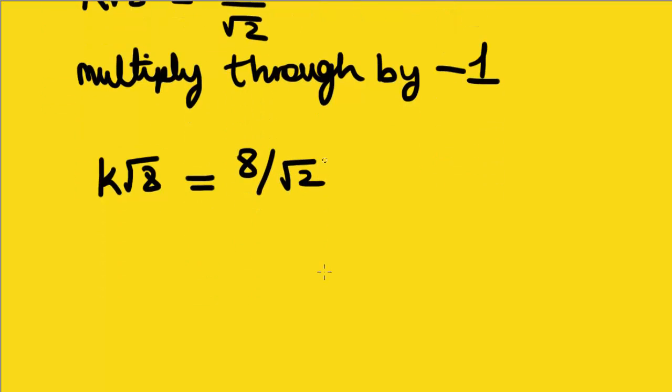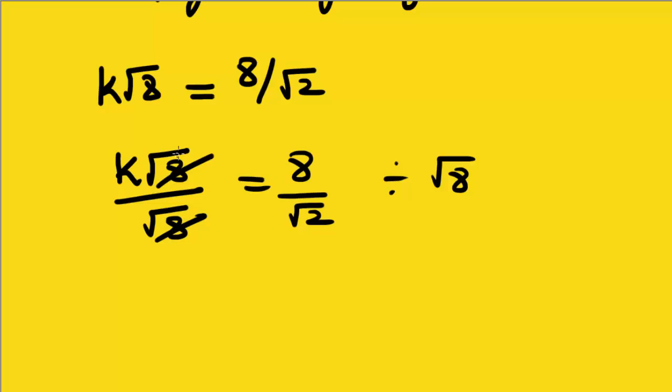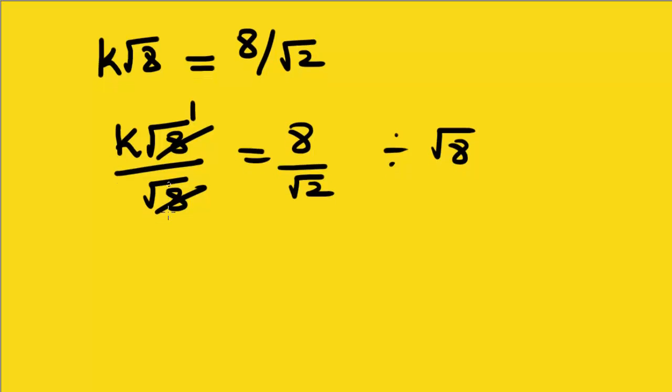Now we can divide both sides by root 8. Let me show you step by step. k root 8 divided by root 8 equals 8 over root 2 divided by root 8. Root 8 over root 8 is 1, but I'm sure you're used to the method where you just cancel the same terms in the numerator and denominator.